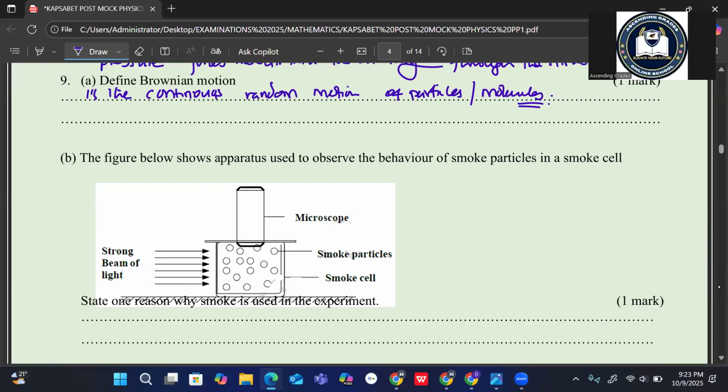Naturally, whether in solid, gaseous or liquid state, particles are in continuous random motion.